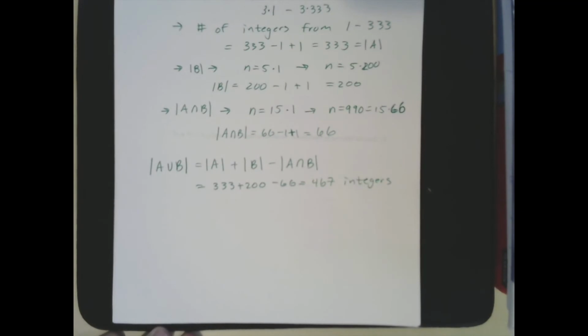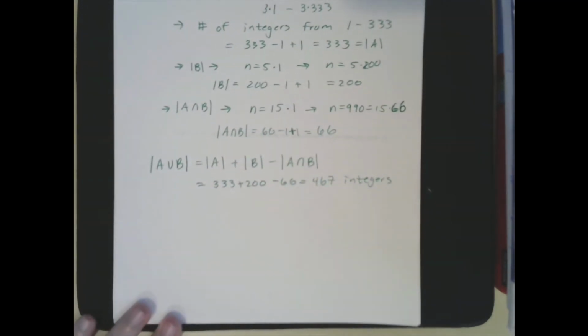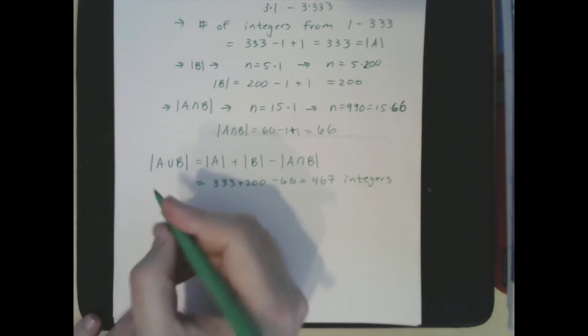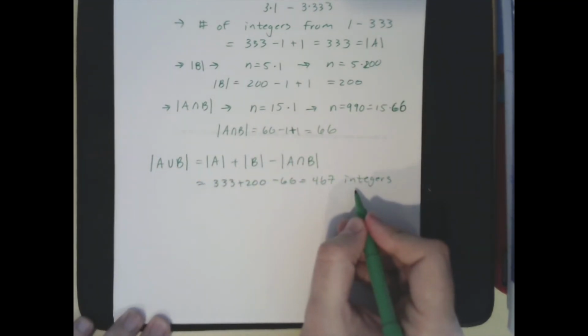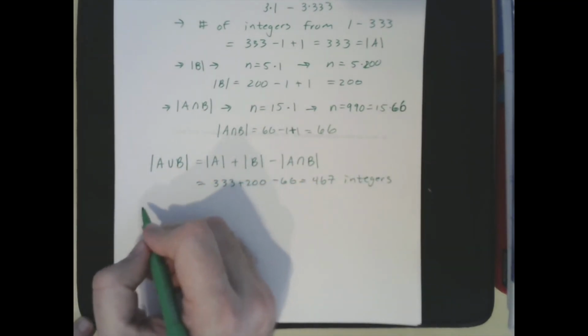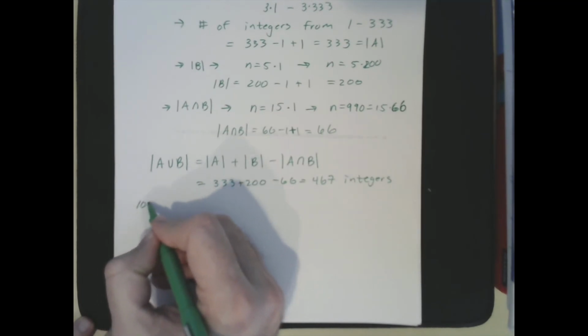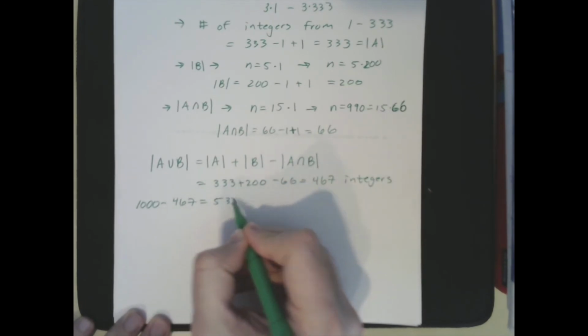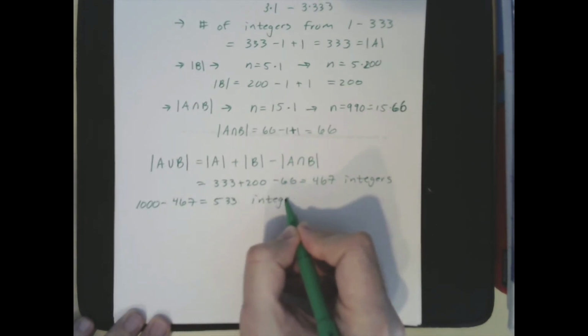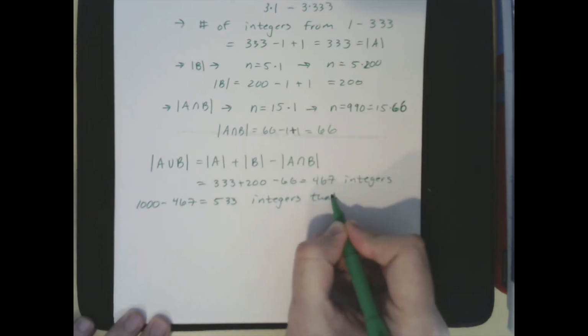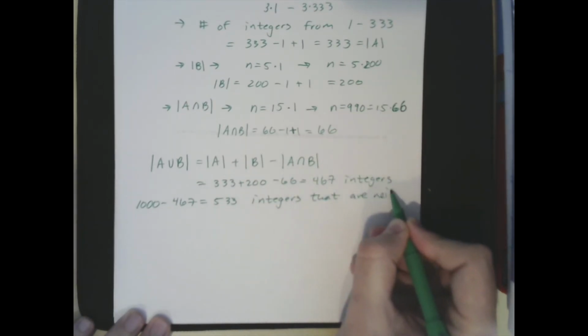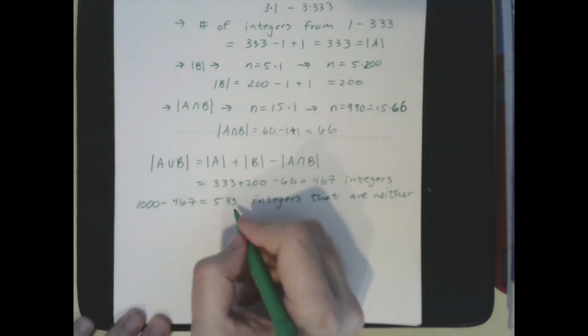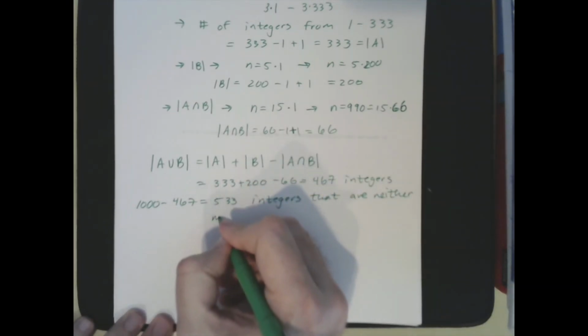And then the second part of this question was how many integers are neither multiples of 3 or 5, which means that they are not in either of these two sets, A or B. Well, if there's 467 integers that are one or the other, or both, that means that there are 1,000 minus 467, or 533 integers that are neither multiples of 3 nor 5.